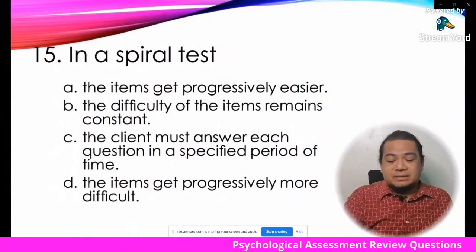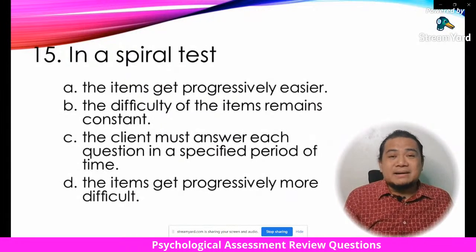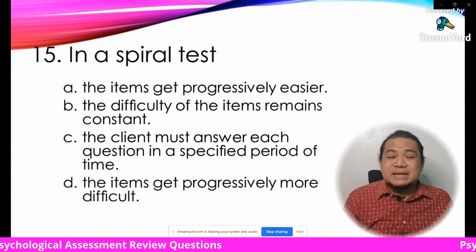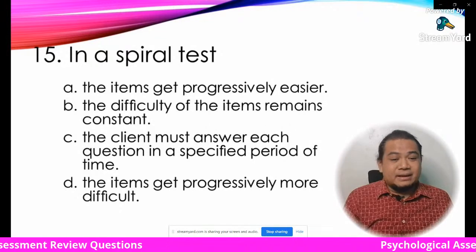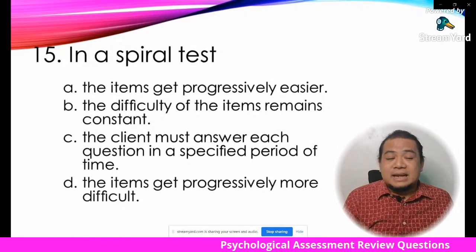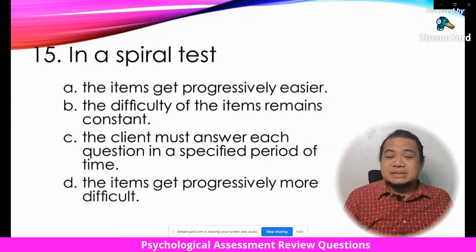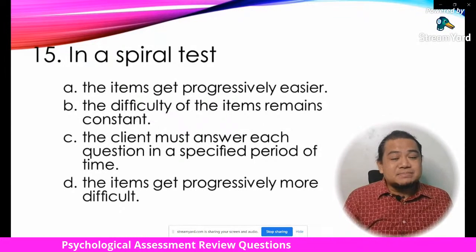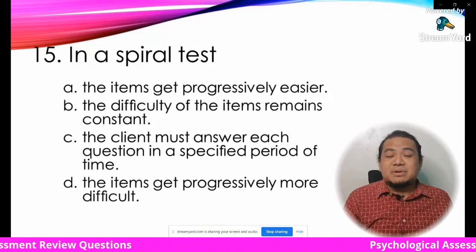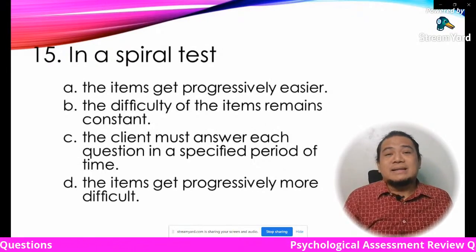And number 15. In a spiral test, A. The items get progressively easier. B. The difficulty of the items remains constant. Letter C. The client must answer each question in a specified period of time. Or D. The items get progressively more difficult.